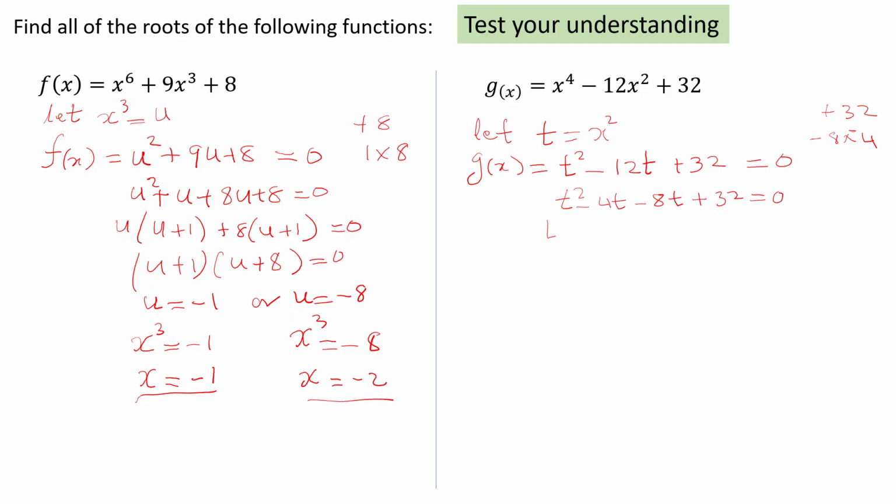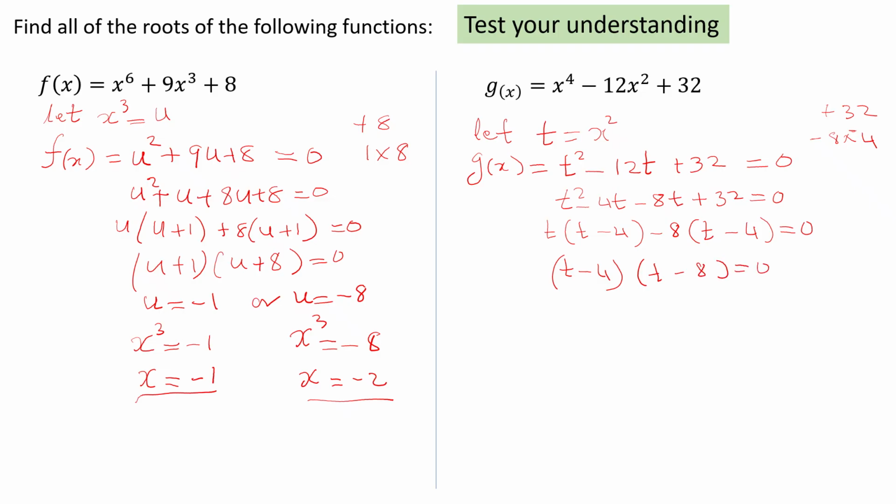So factorize: t minus 4, minus 8t minus 4 equals 0. Then factorize: t minus 4 times t minus 8 equals 0.